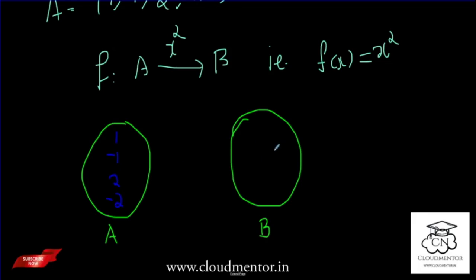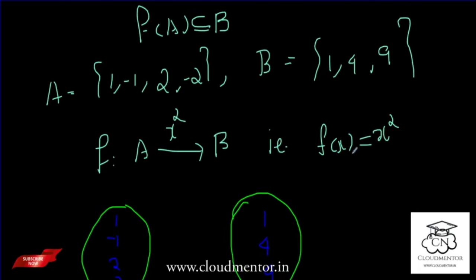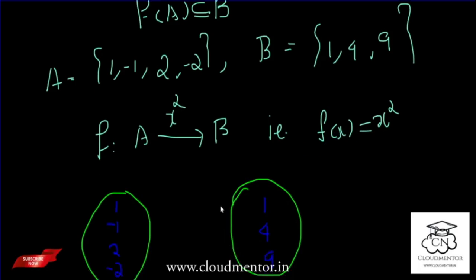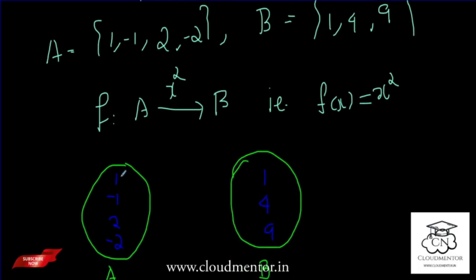Here the elements were 1, 4 and 9. So the relation is from A to B, and it is told that f of x equal to x square. So the image will be in the set B.